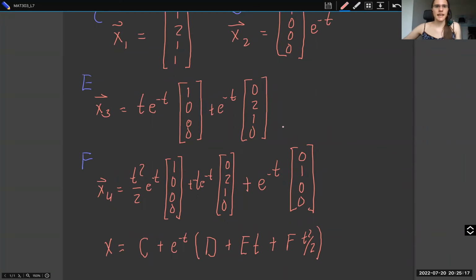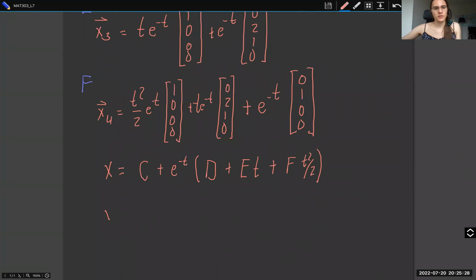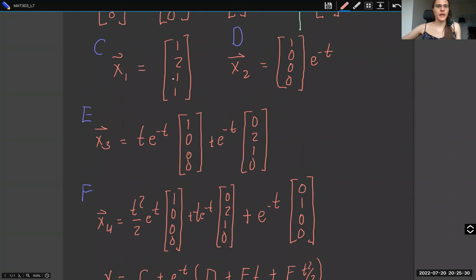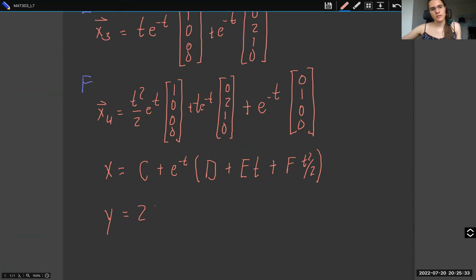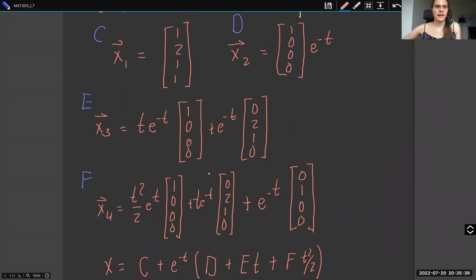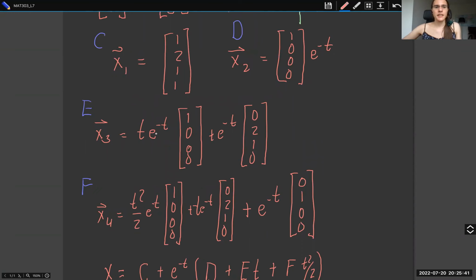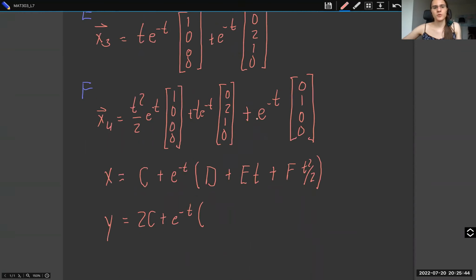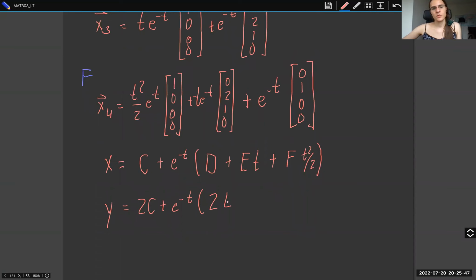Now let's look at the second entry. So the things contributing to the second entry are C, E, and F. D doesn't contribute. So here we have a 2, so it's 2C. Then D doesn't contribute. E contributes as 2, and then F contributes as t.